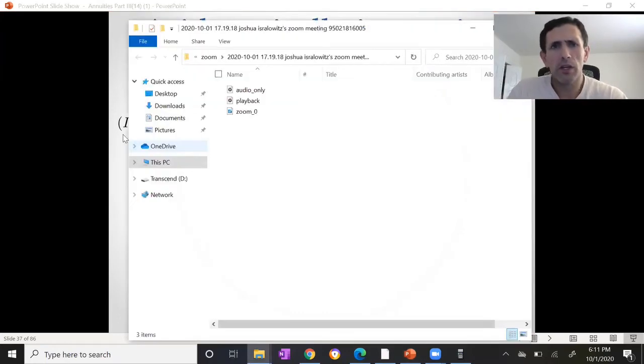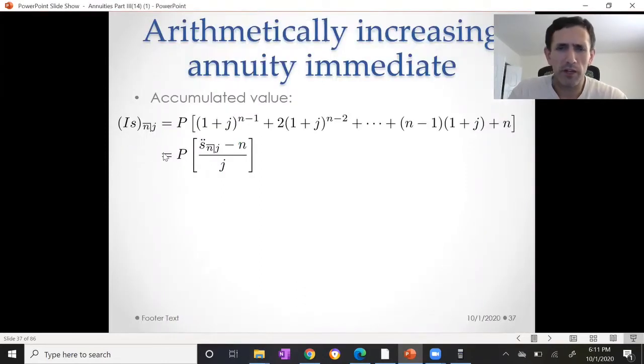I'll show in a moment how to get s n at j on the calculator without anything here. It's kind of like a 1 in front of the s n at j, so you just set payment to be 1. But anyway, this is a nice formula. We can do this very quickly with our calculator.